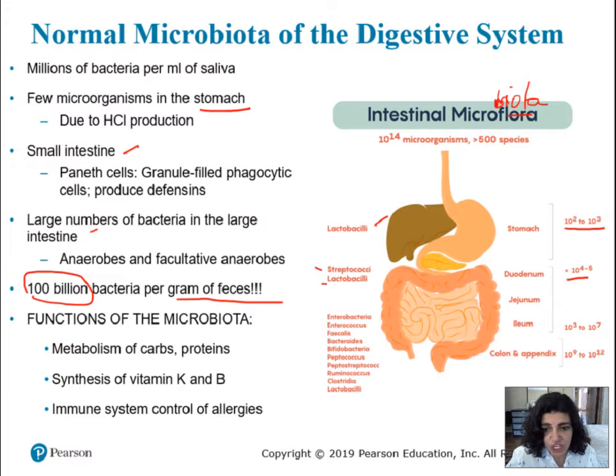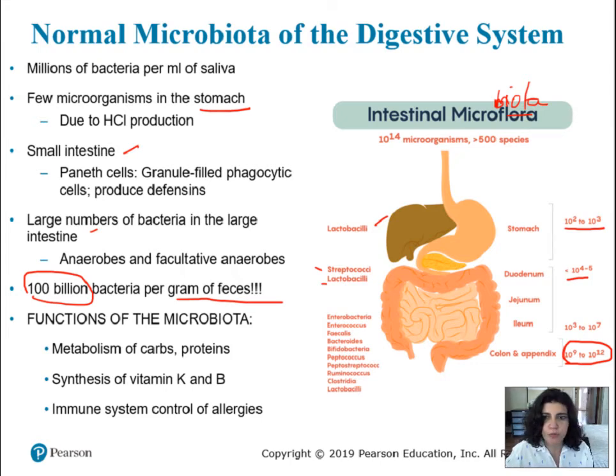And then in the large intestine, which is where you have most of your microbiome, there is a big number of bacteria. We don't want to forget that we have enterobacteria, right? Enterobacteria are gram-negative facultative anaerobes that move by flagella, and our next slide talks about this more.